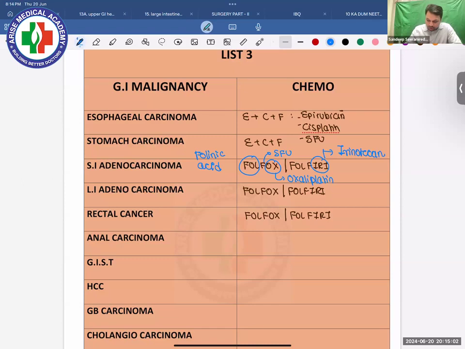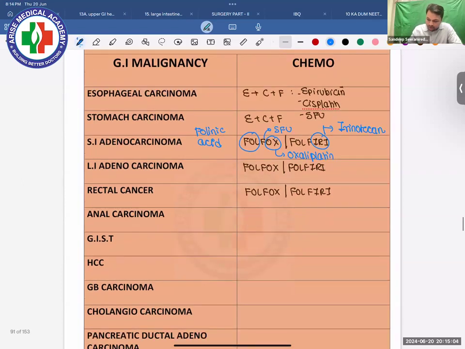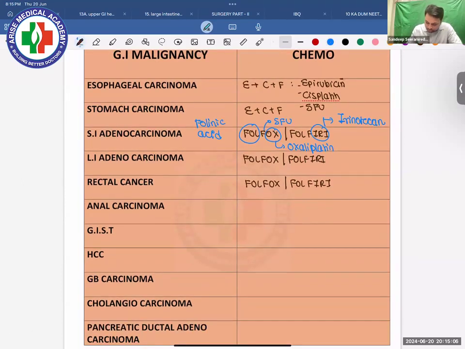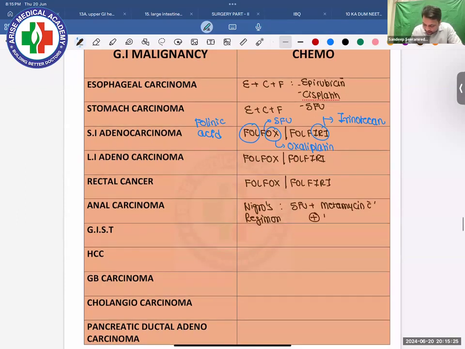Anal carcinoma, it is going to be the Nigro regimen. And the Nigro regimen is going to be 5-fluorouracil with mitomycin C with radiotherapy.